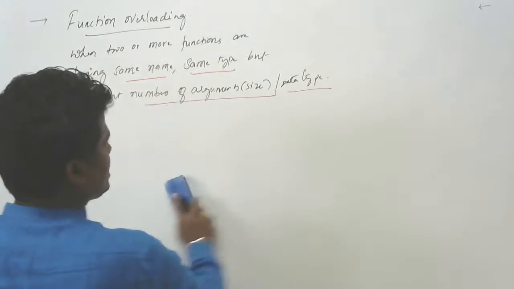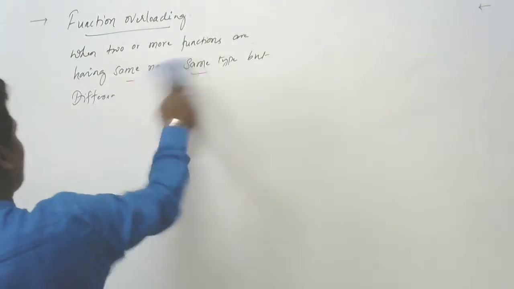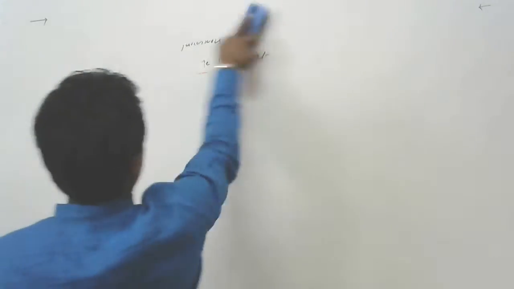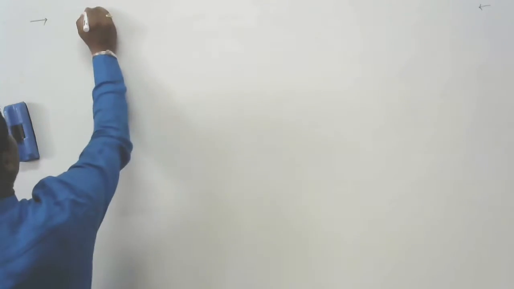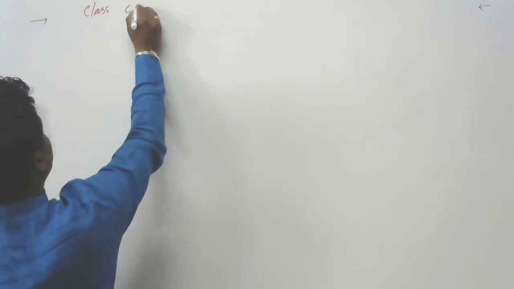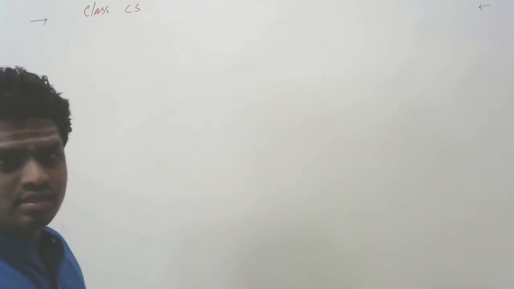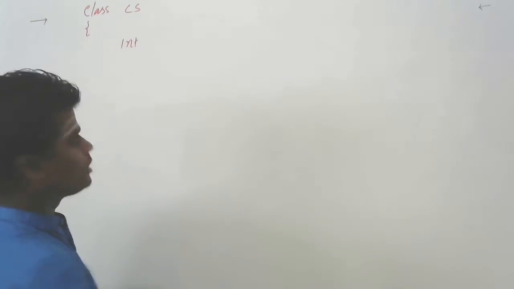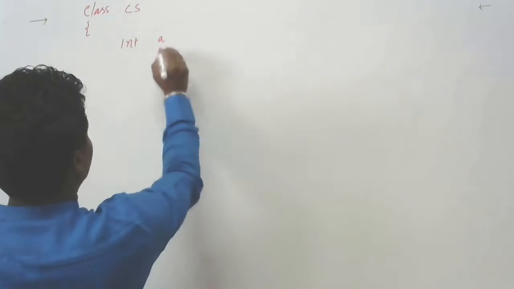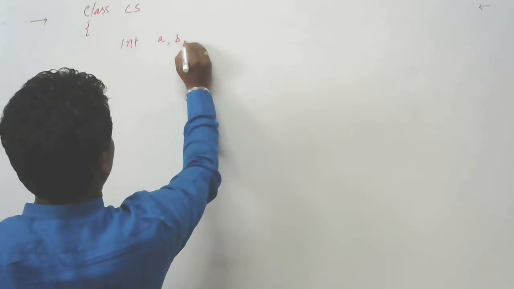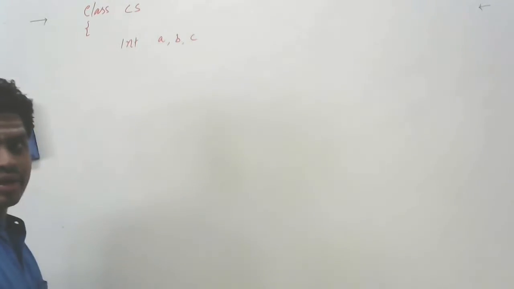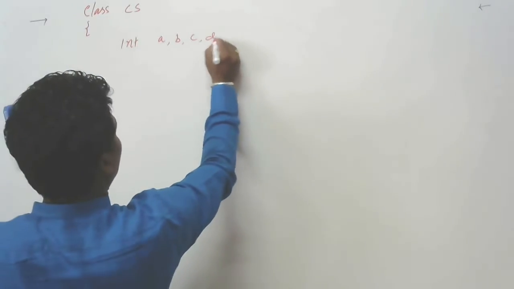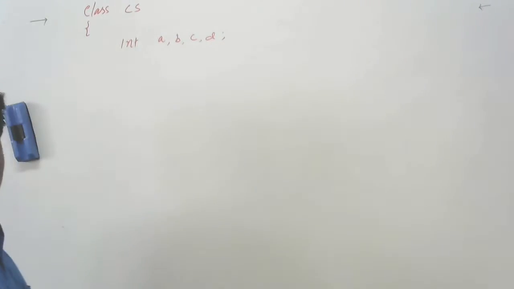Whatever programming examples I give in these sessions, please try to execute those programs so that you will understand. First, I will take the name of the class as CS. The name of the class is CS. Here I will declare our variables: int A, B, C. One more variable I will take, D. So total 4 variables.